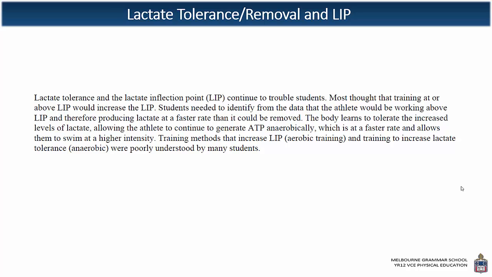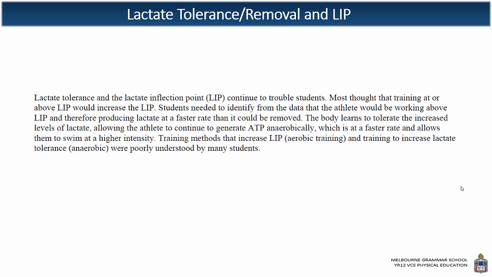So this is for the question that we just spoke about, and therefore the athlete is producing lactate at a faster rate than it can be removed. The body learns to tolerate the increased levels of lactate, allowing the athlete to continue to generate ATP anaerobically, which is at a faster rate and allows them to swim at a higher intensity.